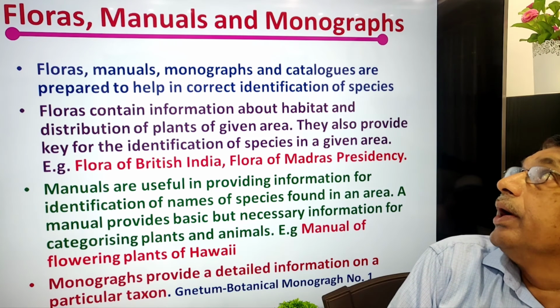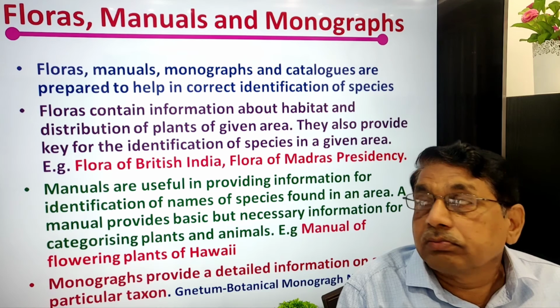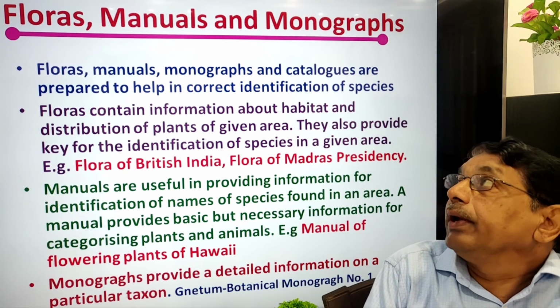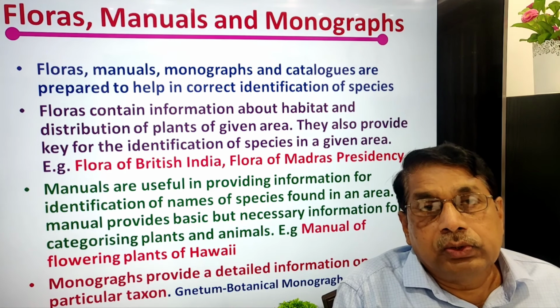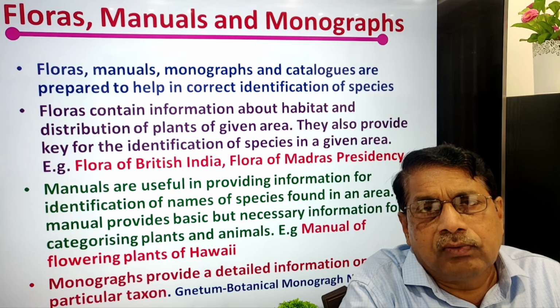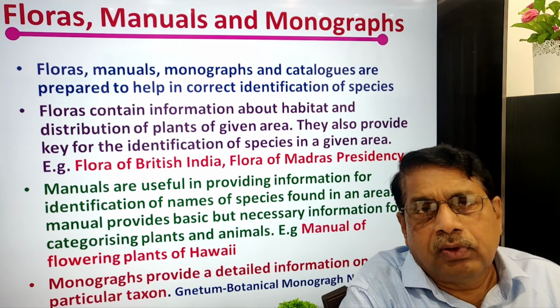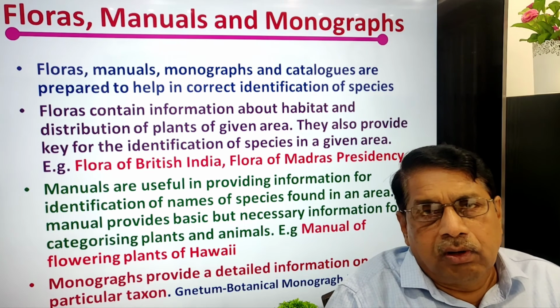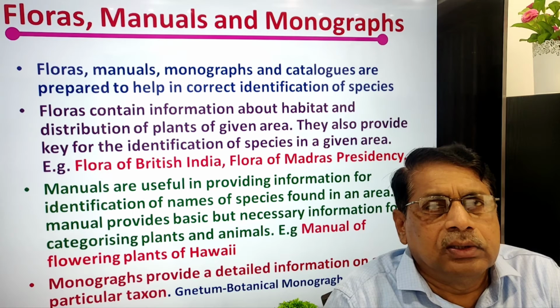Floras, manuals and monographs. Flora, as I told you, all the plants of a particular region is called flora. Flora of Andhra Pradesh, flora of Madhya Pradesh, flora of Western Ghats. All the animals put together of a particular region is called fauna.